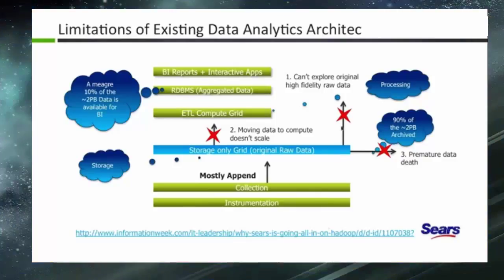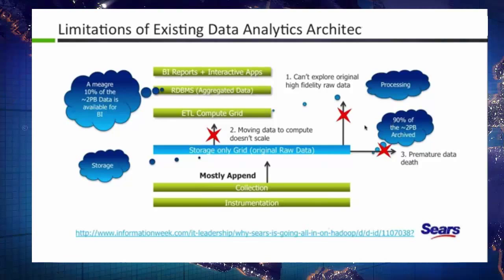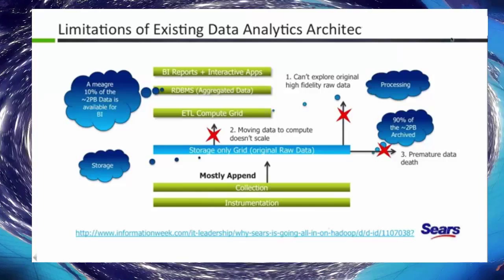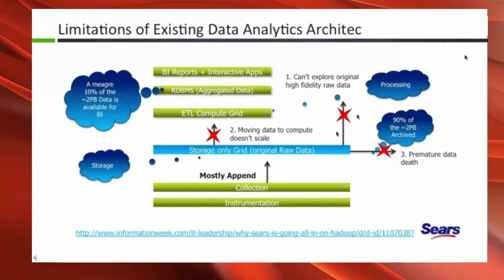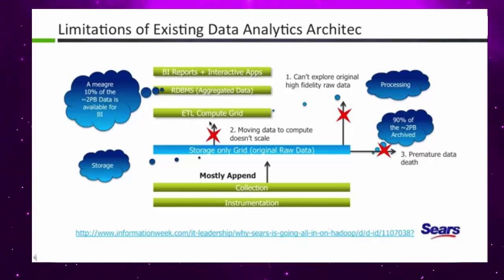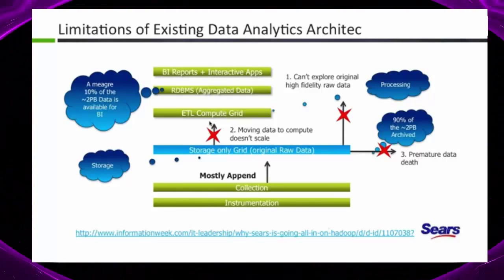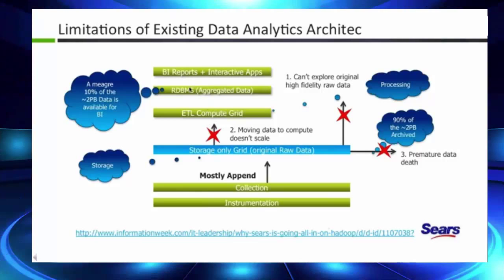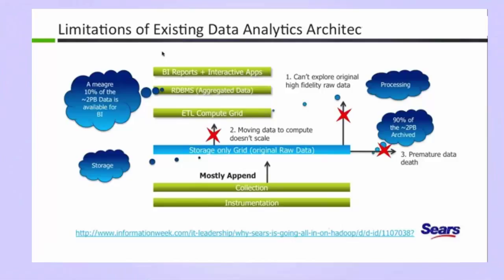But the challenge is that you cannot store such a huge amount of data in an active tier 1 system, and that is why you could analyze only 10% of that data. If you move it to an ETL compute grid, you will not be able to do that because of the limitations there. Then this data goes into an RDBMS, and you run your BI and interactive apps to get insight on customer behavior.